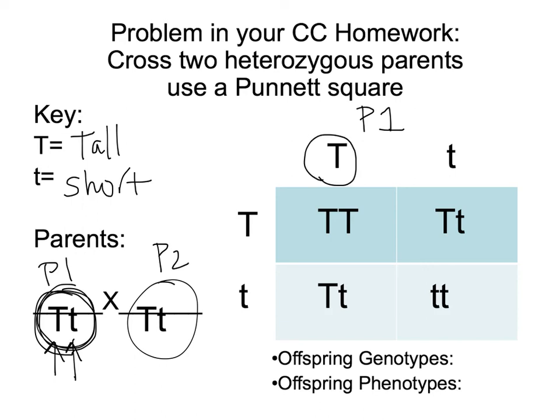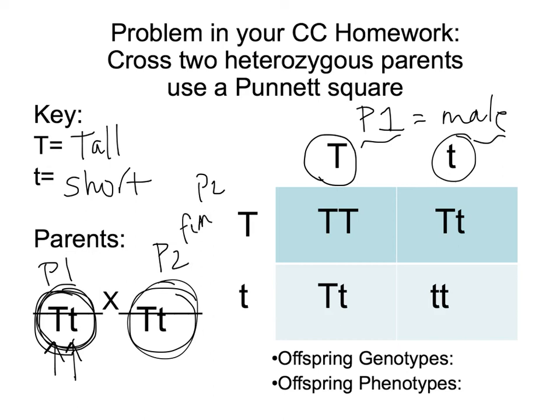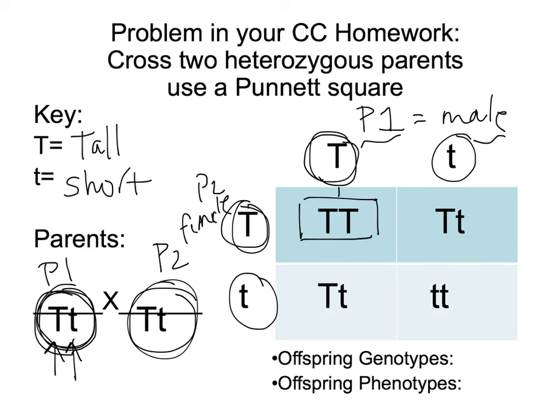So if parent 1 equals the male, we can say that these two are possible sperm outcomes. And this side is going to be parent 2, and this is going to be our female, and these are possible eggs. So then, when we look down into our Punnett square, this is a chance fertilization event. If this egg gets fertilized by this sperm, we get a homozygous dominant individual.